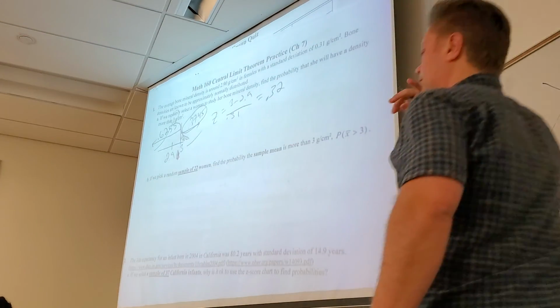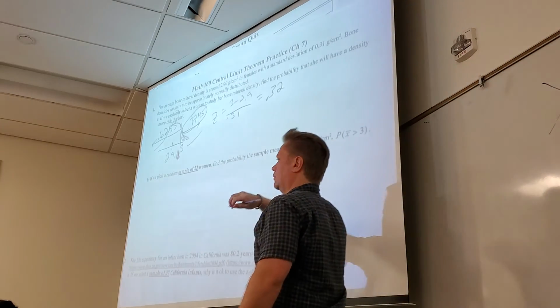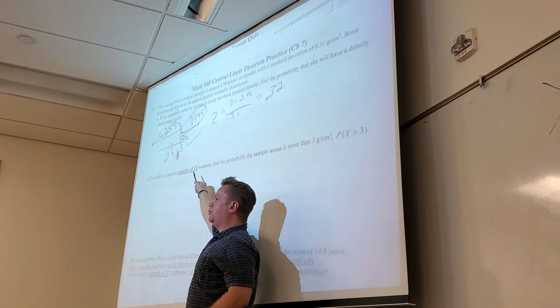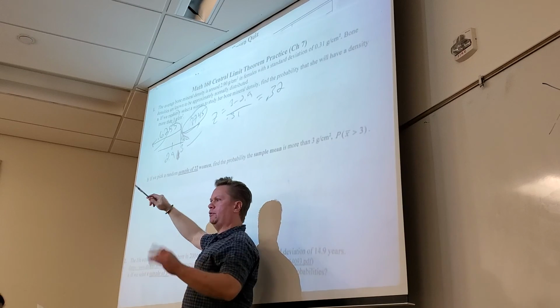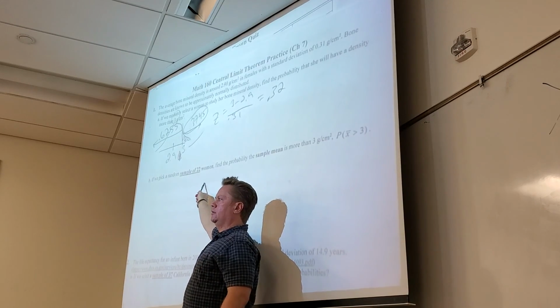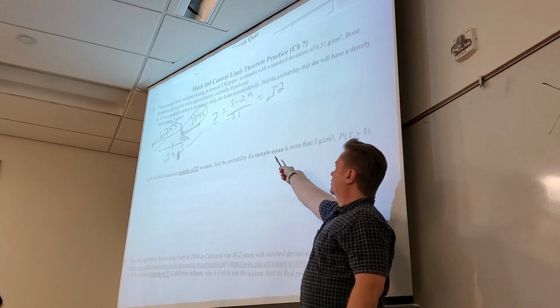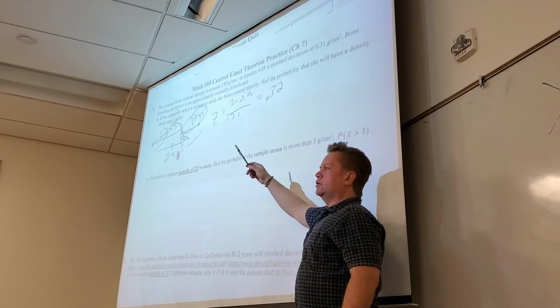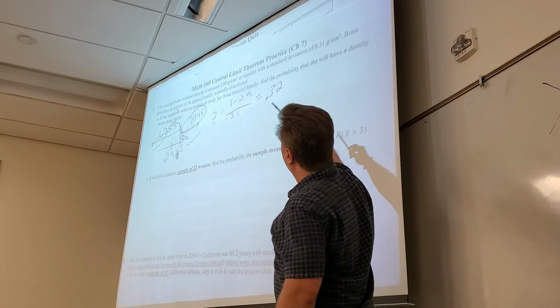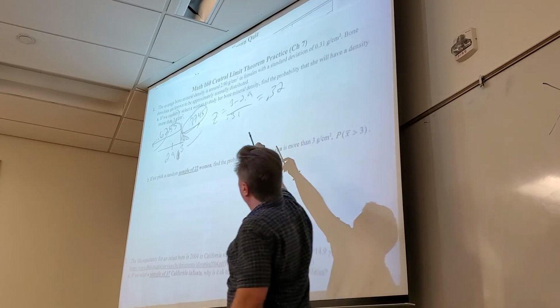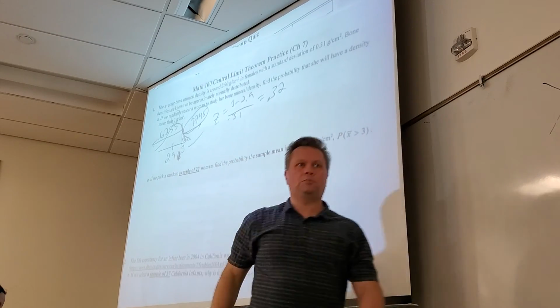Two things. Taking a sample of 22 women. So before today, we couldn't do this. And I'm asking a question about the sample mean. So the sigma symbol, sigma equal 0.31.